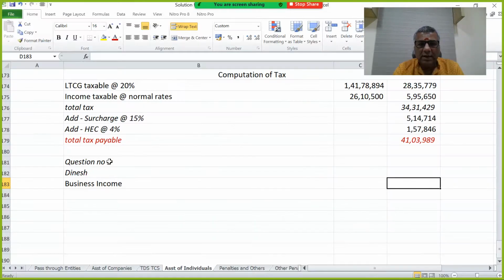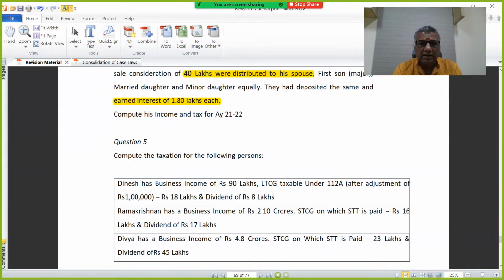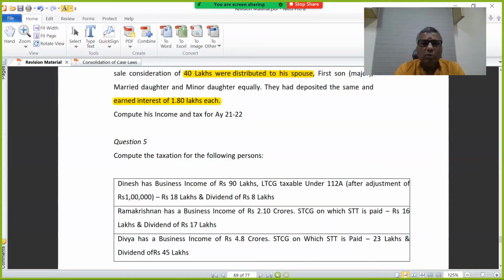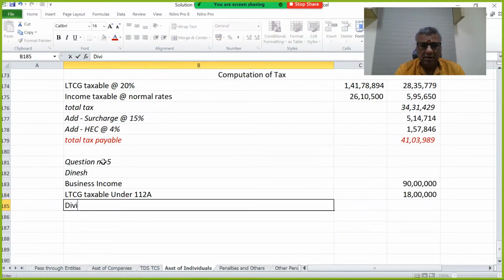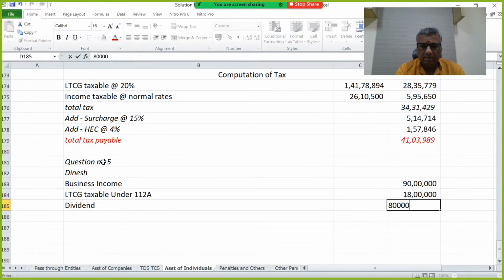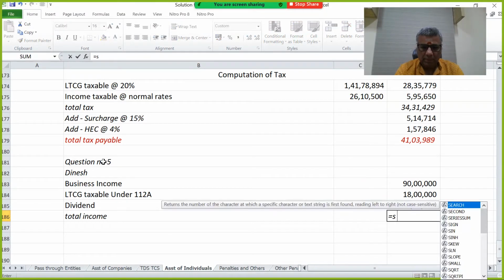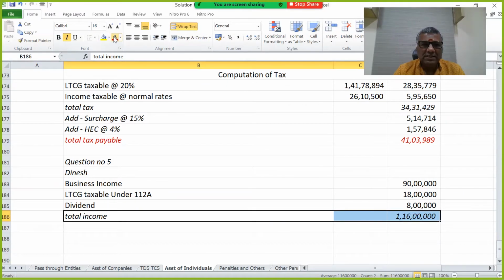Business income 90 lakhs, LTCG taxable under 112A is 18 lakhs and dividend 8 lakhs. Total income is 1 crore 16 lakhs.